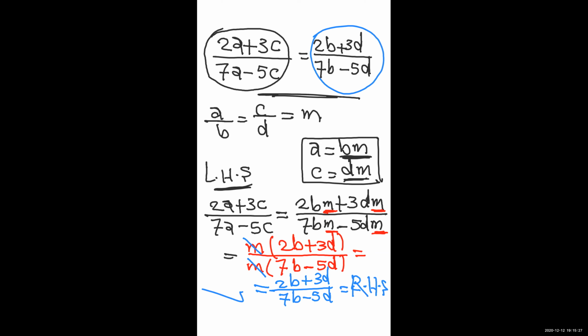Now is this one clear? Yeah, it's clear. Okay, great. Then let's solve one more example. A and B and C and D are proportional quantities again. Then prove that A plus C over B plus D equals A squared plus C squared over AB plus CD.